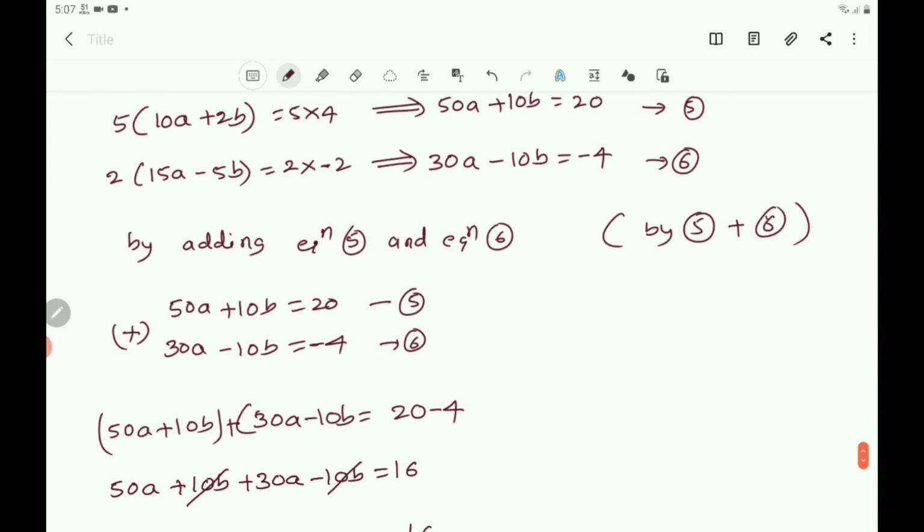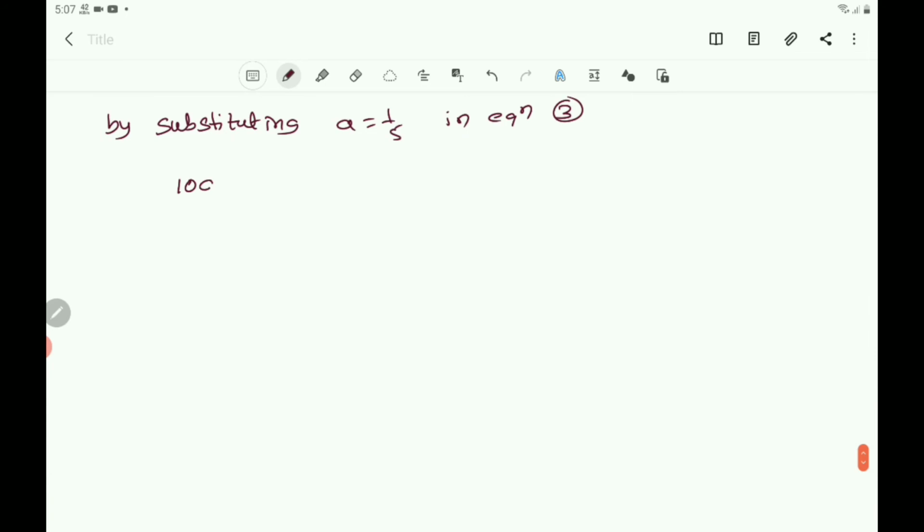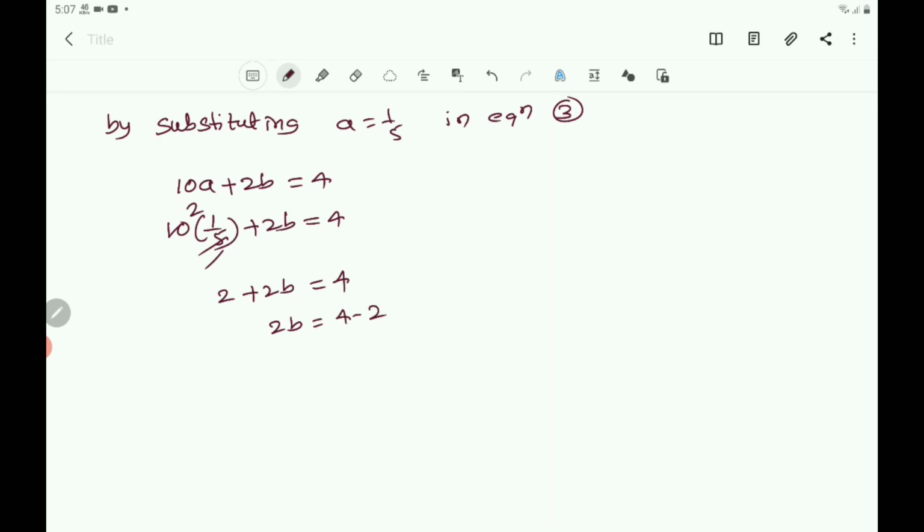Now you write 10 into a, that is 1 by 5, plus 2b equals 4. So 5 ones are 5, 5 twos are 10, that is 2. 2 plus 2b equals 4. Then 2b equals 4 minus 2, which is 2. Then b equals 2 by 2, so you get b equals 1 here.